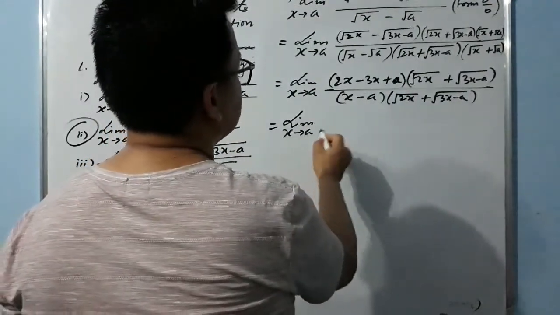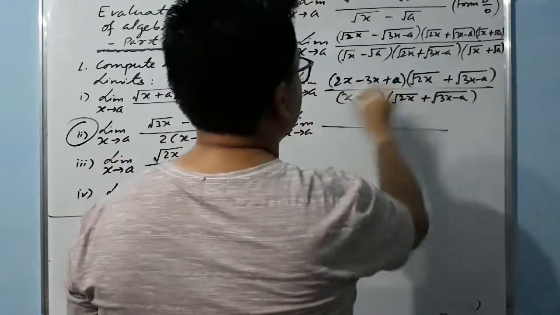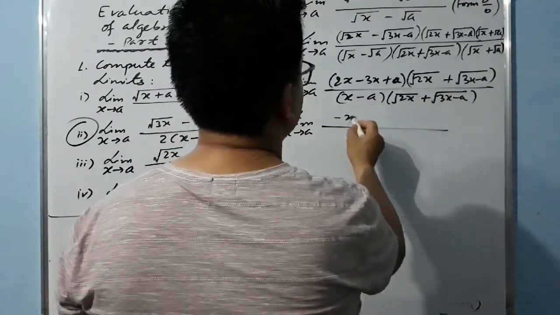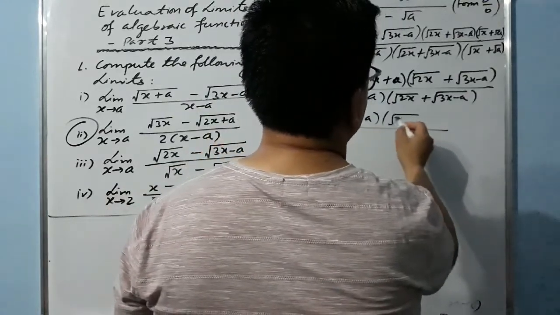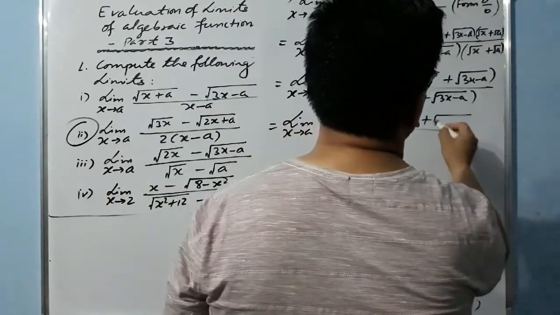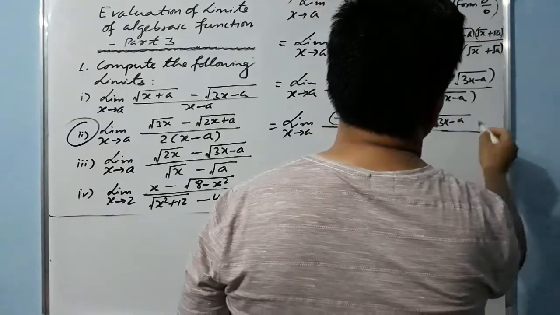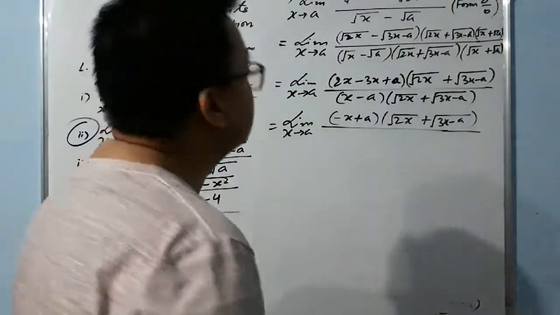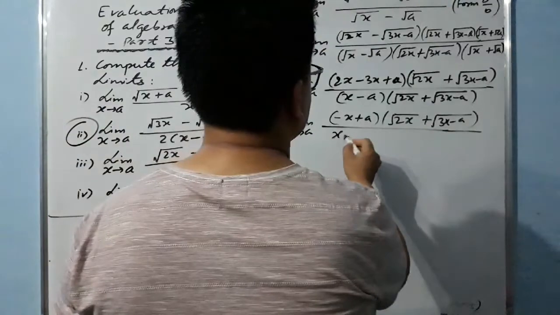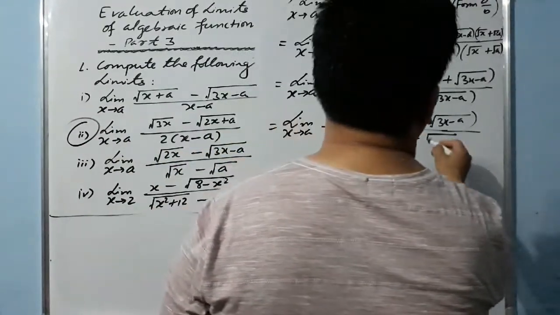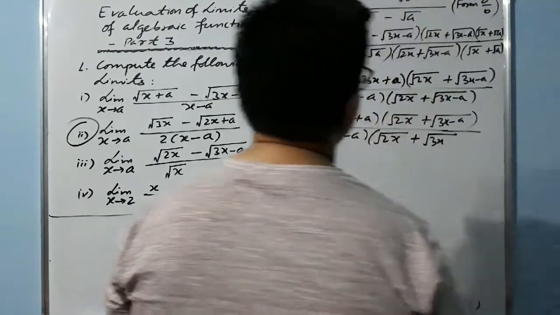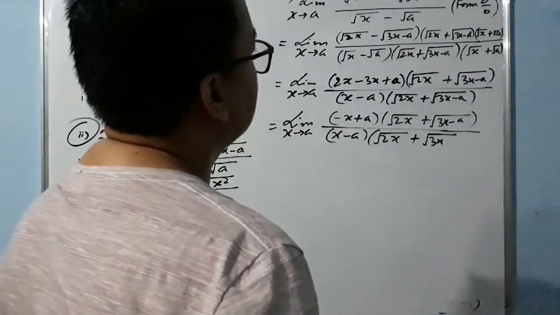Limit as x tends to a of this whole function, here minus x plus a, and here the same. You write it down, no need to disturb it, and this also is not creating a problem. Here x minus a, same, 2x plus root 3x.